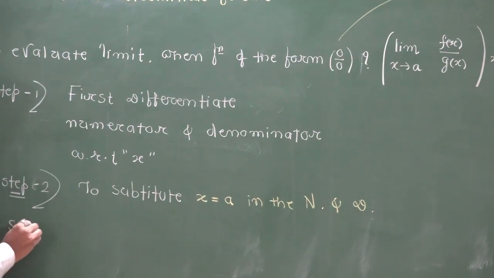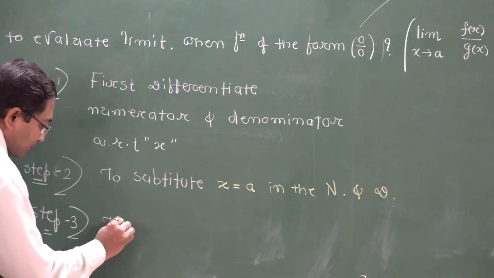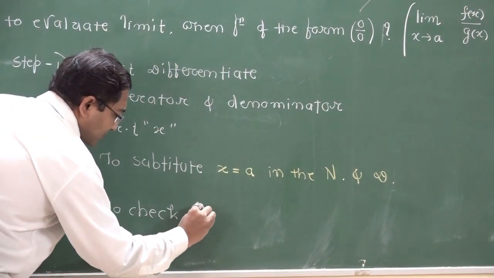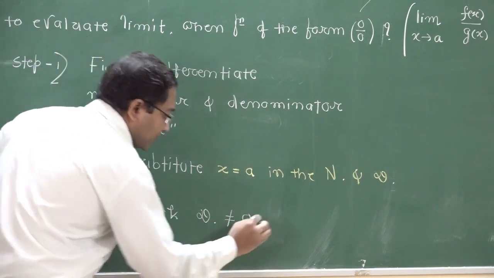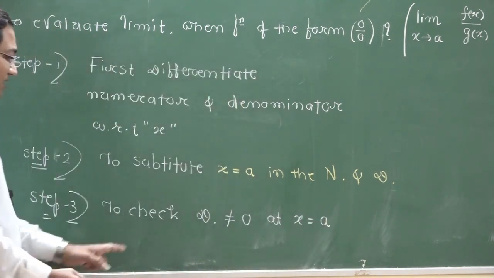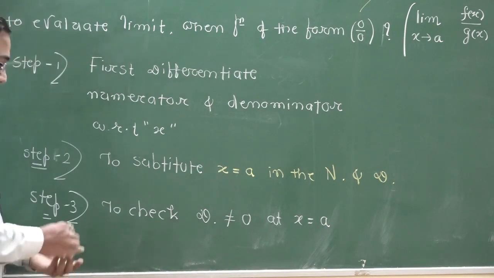Step 3: check that the denominator is not equal to 0 at x equal to a.